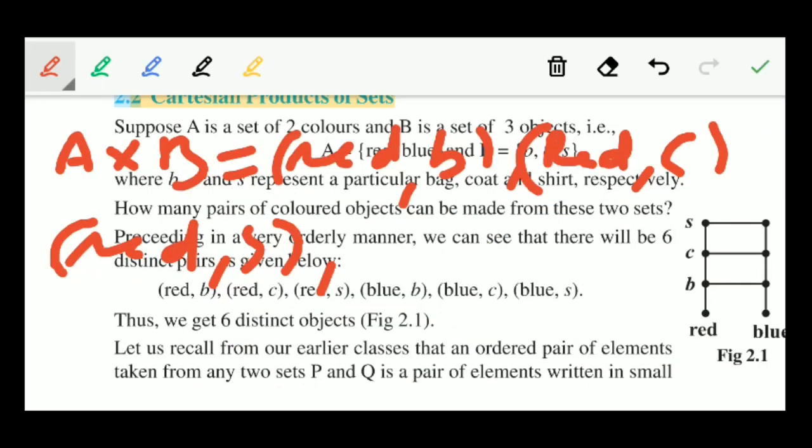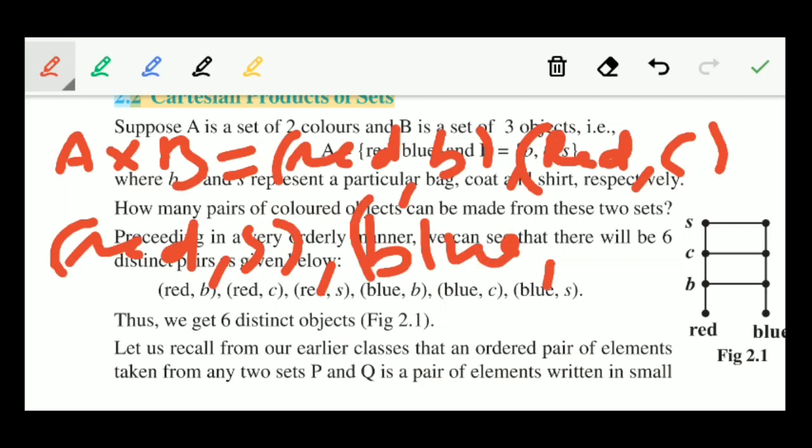Now you have taken the first element of A and placed it with each element of set B. After that you take the second element of set A, that is blue, and use the same method.